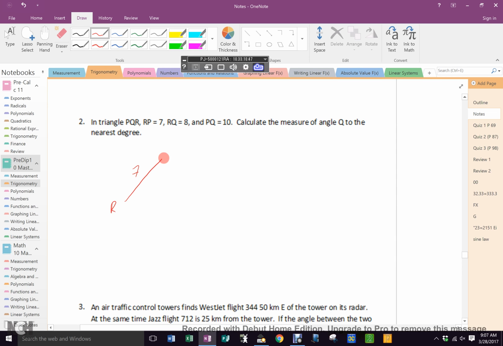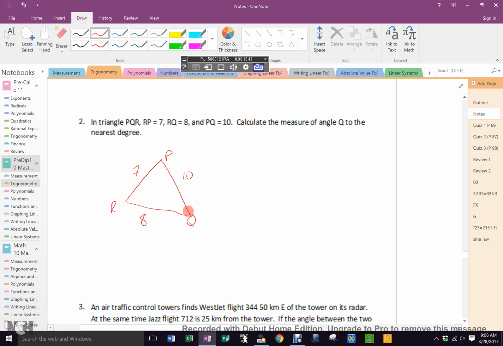So there's RP. Then I got RQ, which is slightly longer. RQ, which is 8. And I got PQ, which is 10. Everyone agree? Does it matter how I draw it? No. As long as I have Q between the 10 and the 8, right?